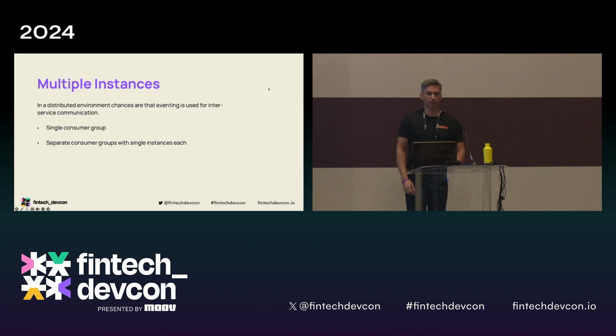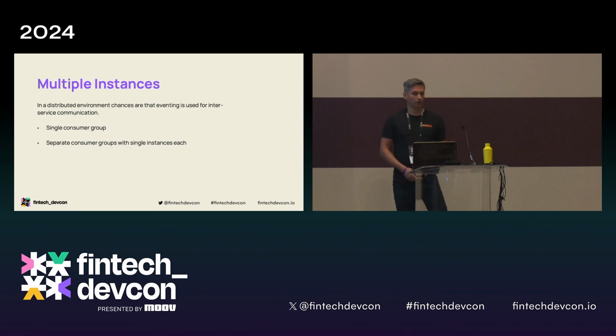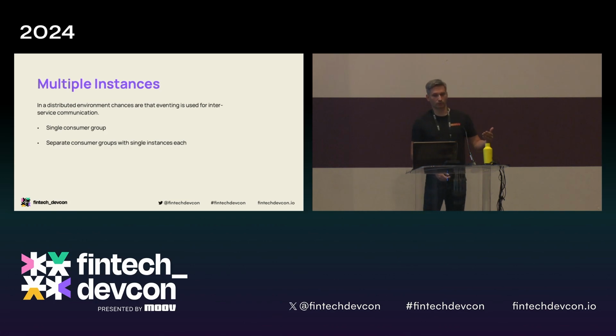So what about the multiple instances? Chances are that in a distributed environment, you might be using eventing to solve your inter-service communication. And so if you have multiple instances of your service running, chances are that all those instances are assigned to a single consumer group.